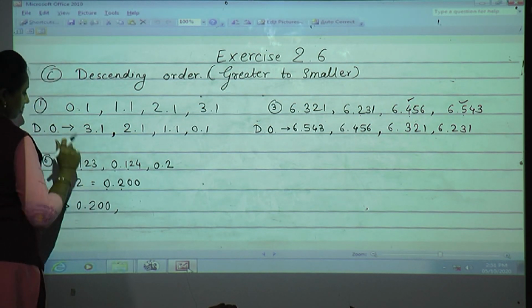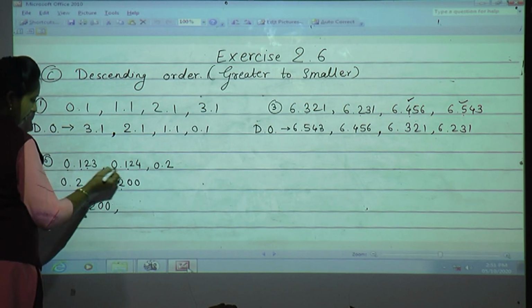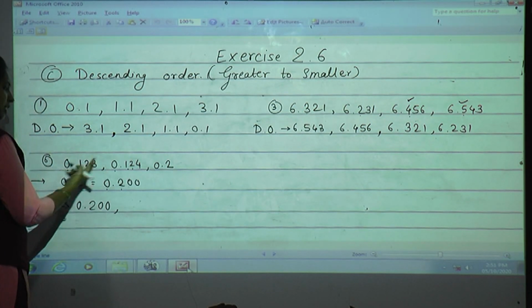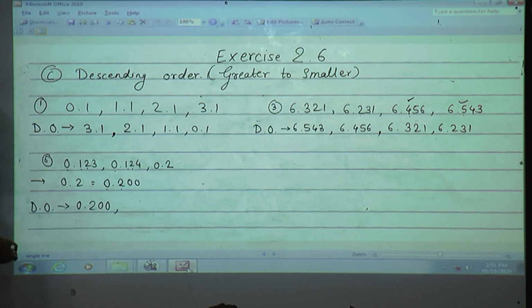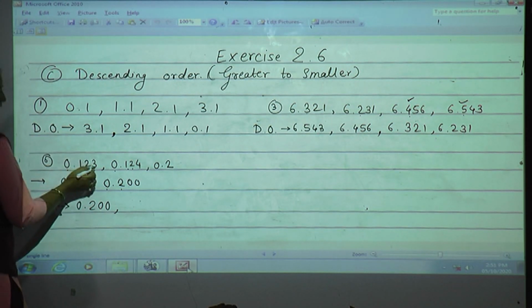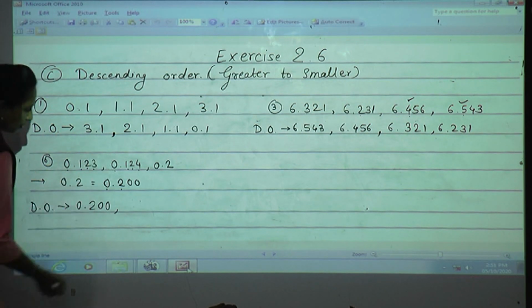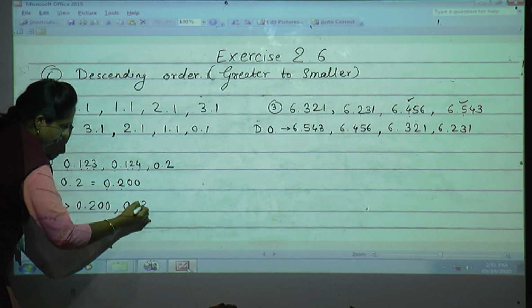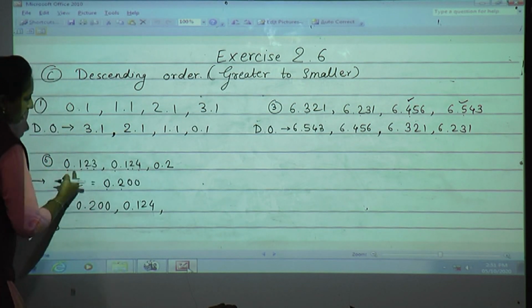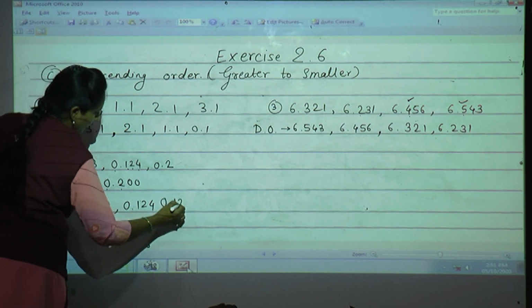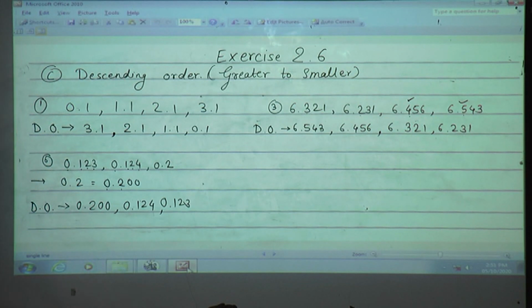Now we need to compare these with the hundredths place. Now in the hundredths place 2 is there in both. Then what to do? Go with the thousandths place. Thousandths place here 3 and 4. Which is greater? Of course 4 is greater. So write 0.124, comma, last 0.123. Clear till here? Yes?